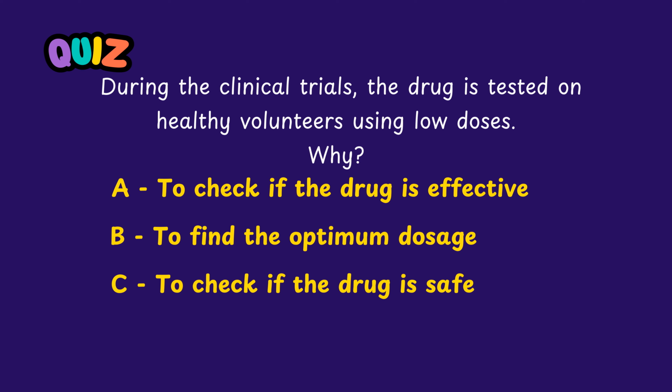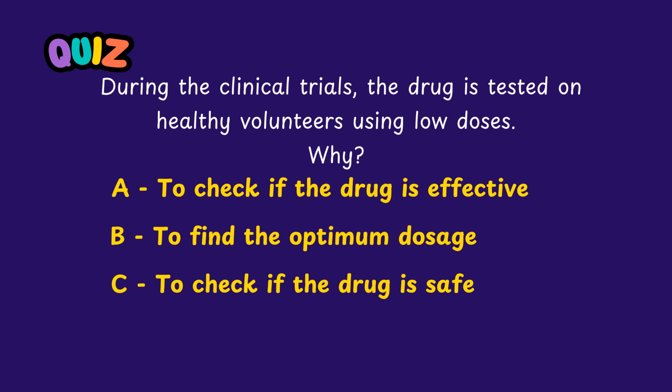Next question. During the clinical trials, the drug is tested on healthy volunteers using low doses. Why? Is it A, to check if the drug is effective, B, to find the optimum dosage, or C, to check if the drug is safe?